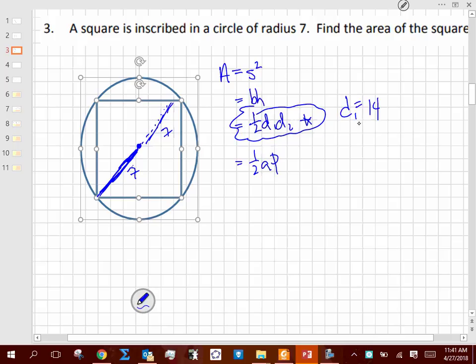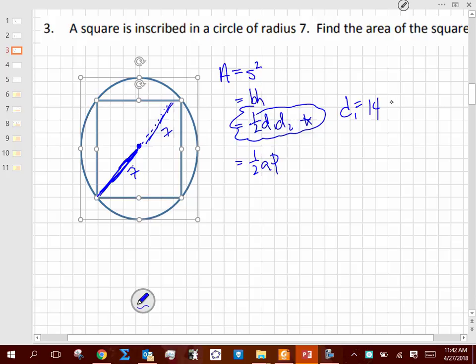14. It's not really that hard to realize, even if you didn't remember this property, that the diagonals of a rectangle are congruent, right? The property is defined as the diagonals of a rectangle are congruent, but a square is a rectangle. So the diagonals of a square are also congruent, right?